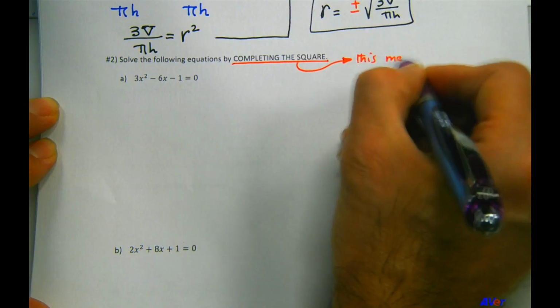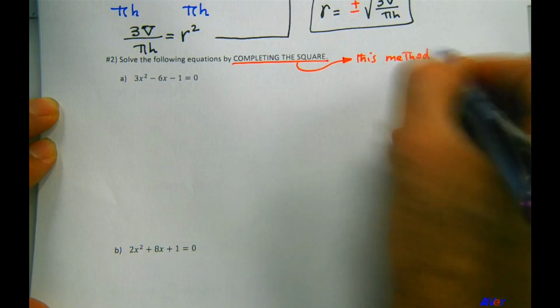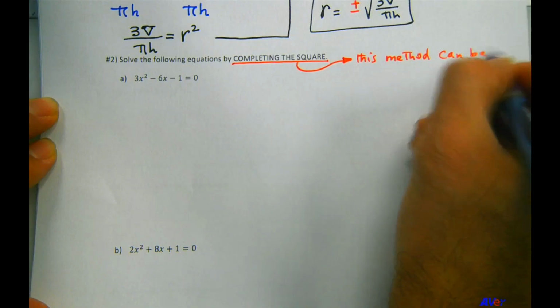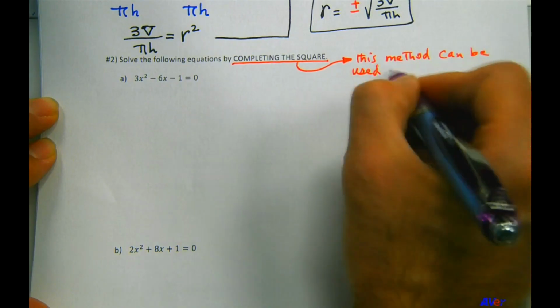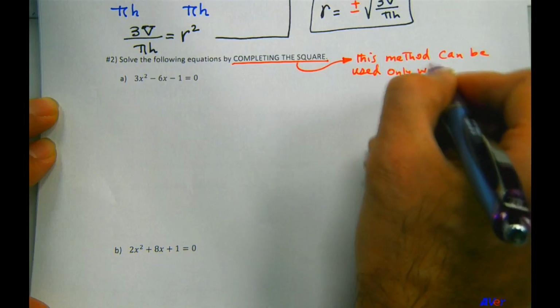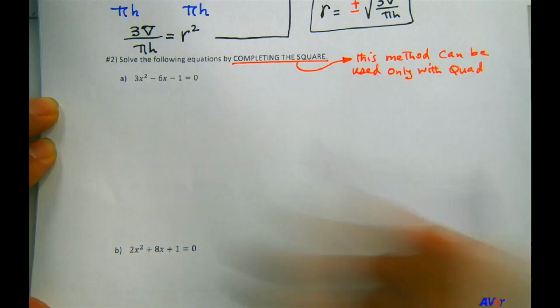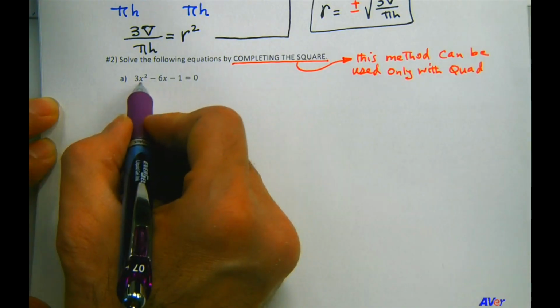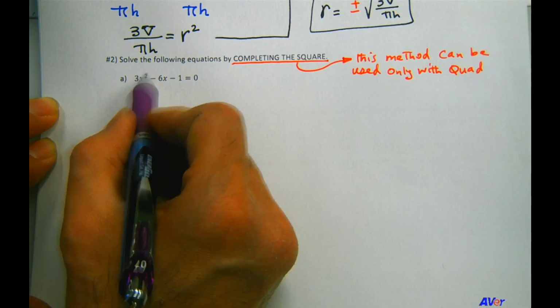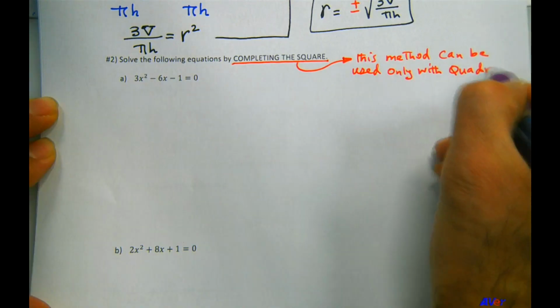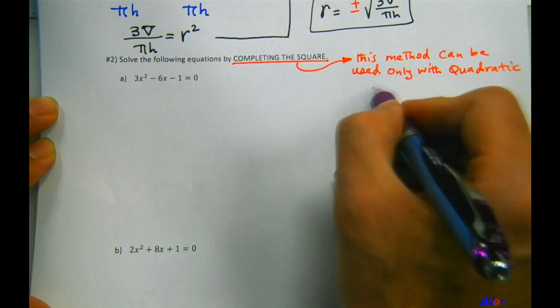This method can be used only with quadratic equations, which is that. That's a quadratic equation. Why? Because the highest x power is x squared.